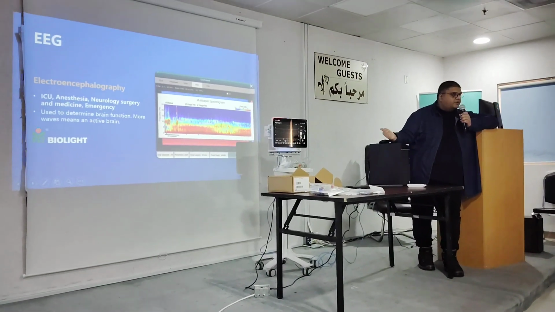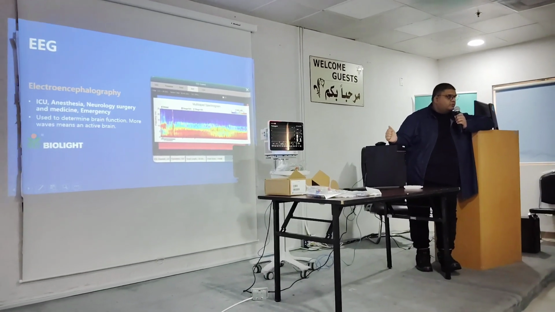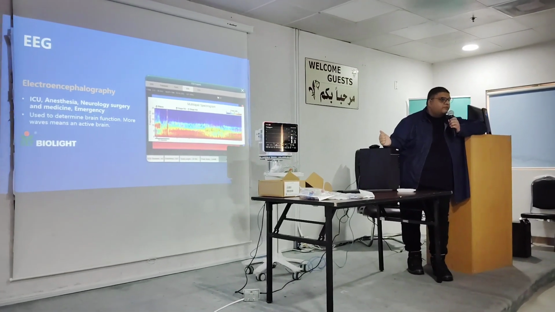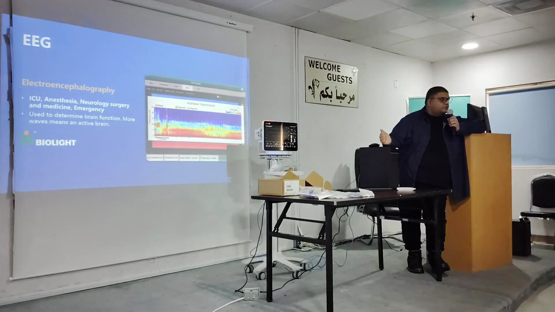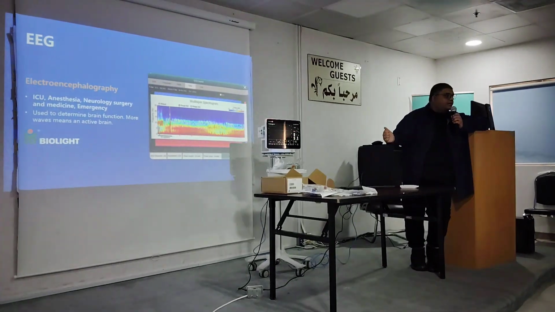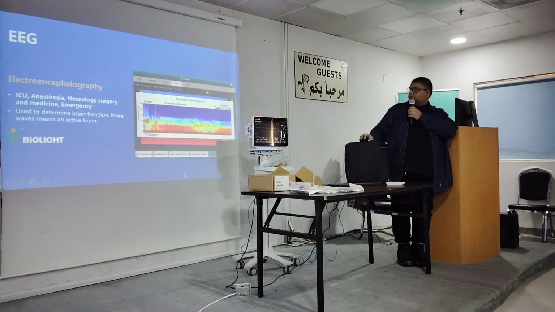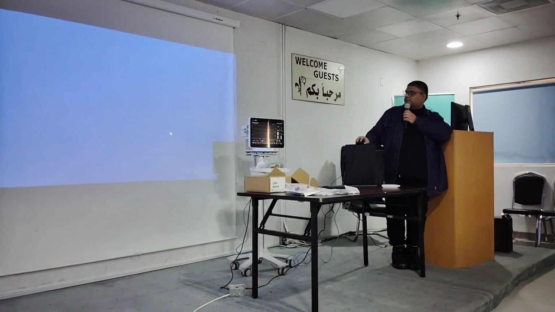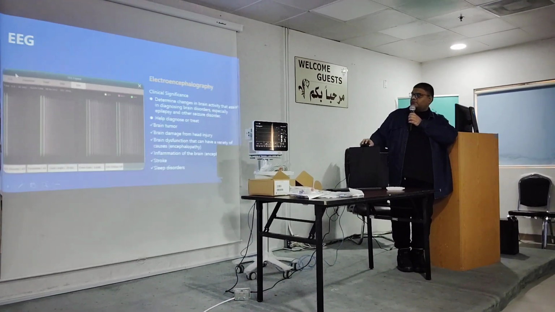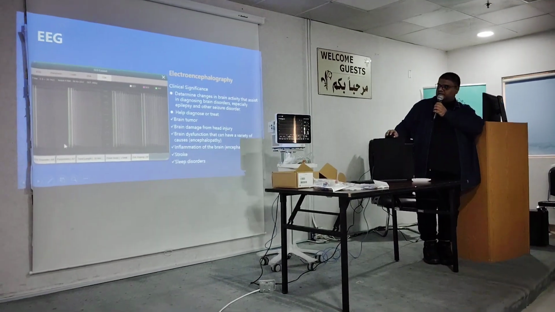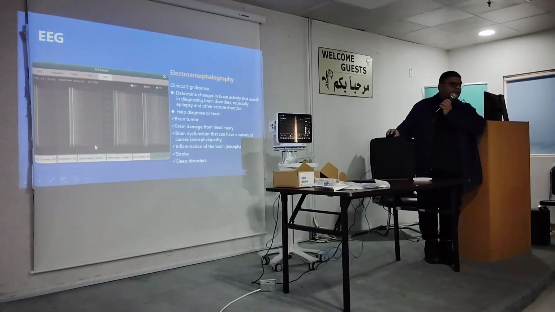Another purpose for EEG on a patient monitor is to detect brain waves in a patient you suspect of brain death. You can use this to monitor if there's any brain activity in this patient. Good parameters in ICU. So this is your DSA. We also have, of course, the CSA, which is a normal waveform of the EEG.